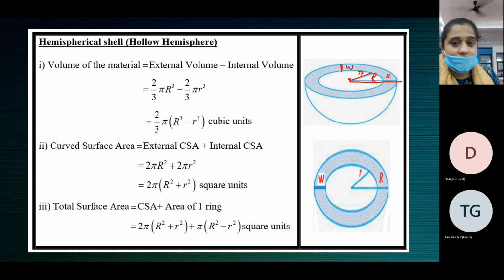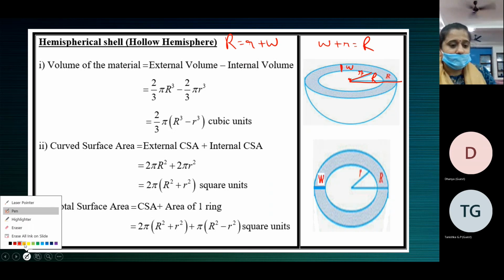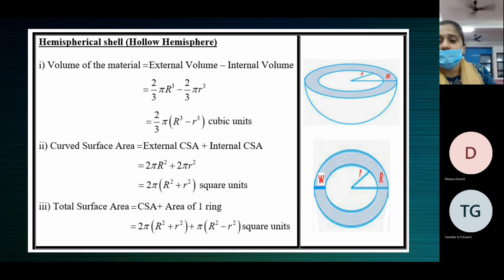W, the width. The width plus the small r is capital R. From here to here is W. So what is capital R? Inner radius plus W. Inner radius plus width is equal to the outer radius.